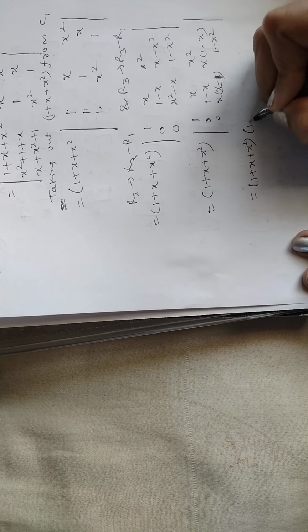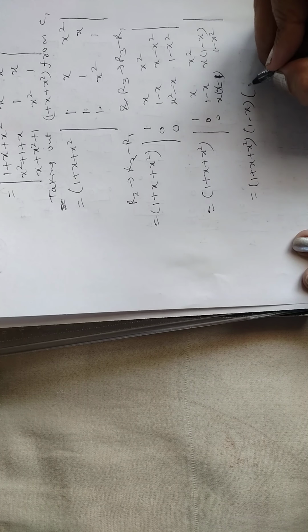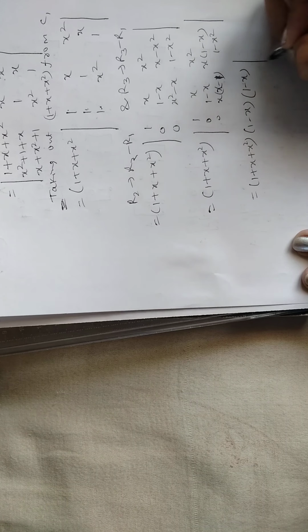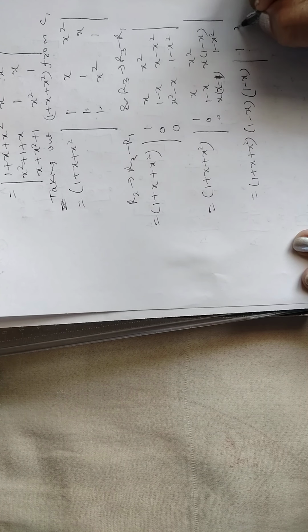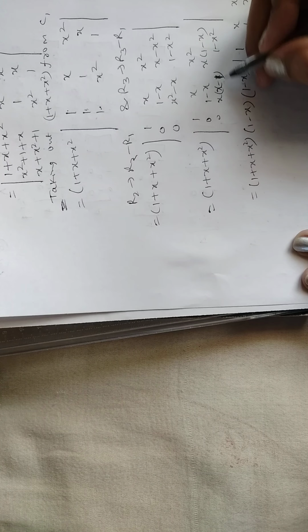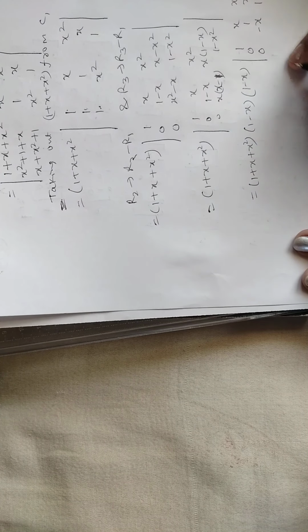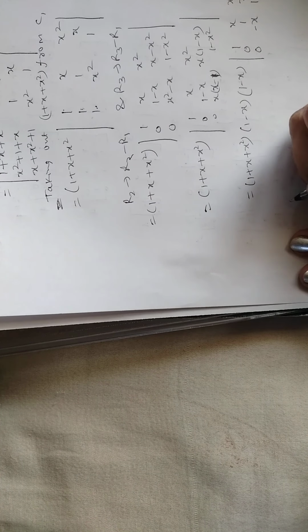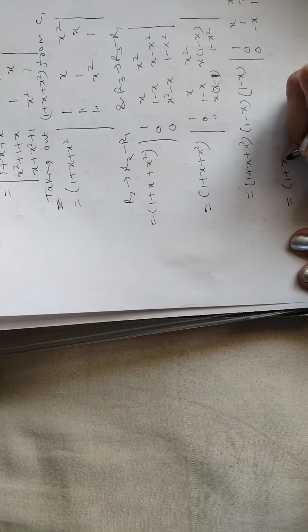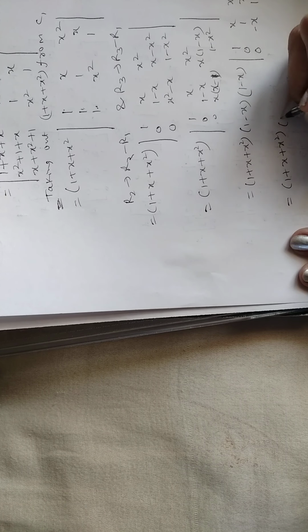Now 1 minus x you may take common from here, and 1 minus x you may take common from here. So you will get 1, x square, 0, 1, x, and here you have taken 1 minus x common, so here will be minus x, and here 1 plus x. Clear? Now 1 plus x square, it will be 1 minus x whole square.